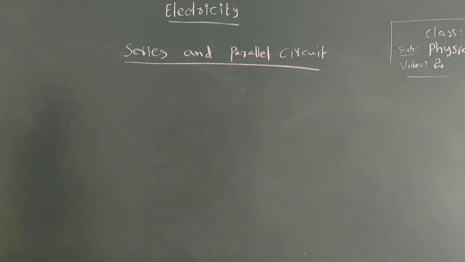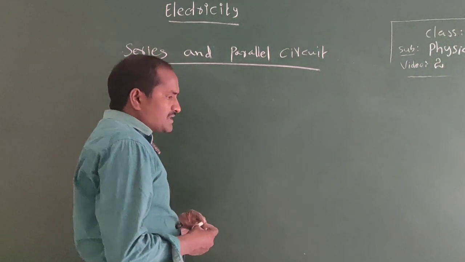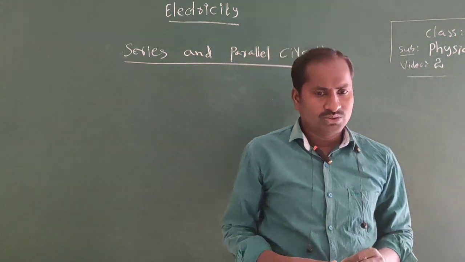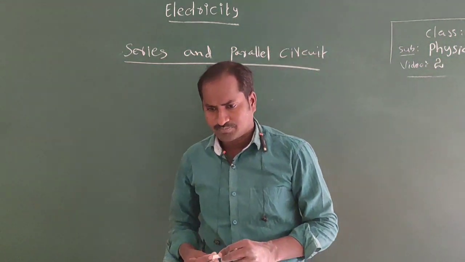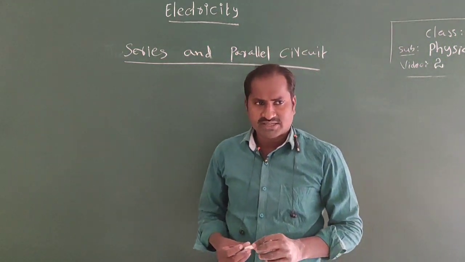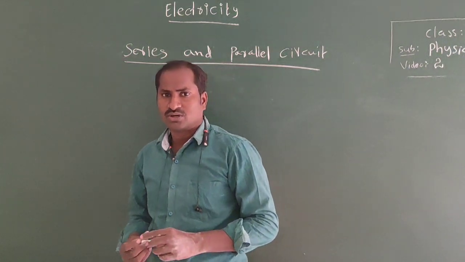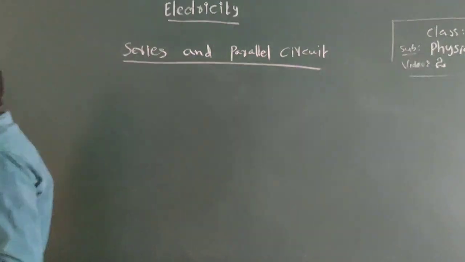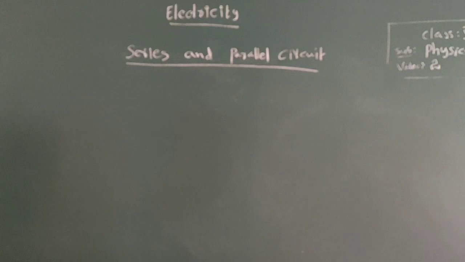Series means the positive is connected with the negative terminal, and the negative is connected with the positive terminal. Okay, it is called series. In a series circuit, electricity has only one path to flow. All the electric components are connected in this path.